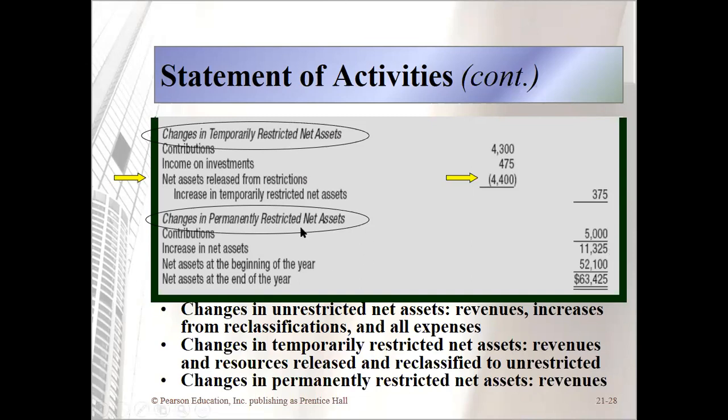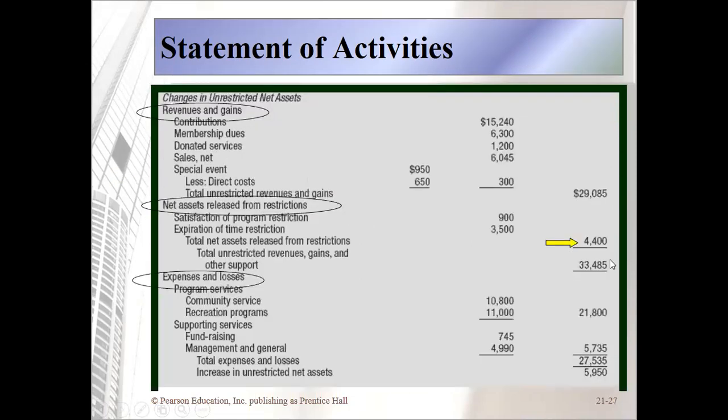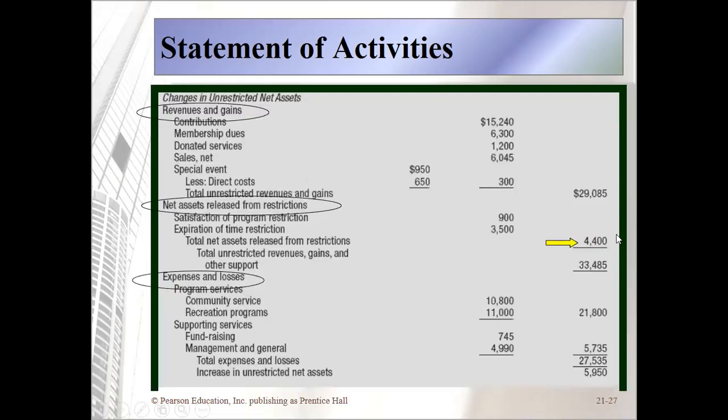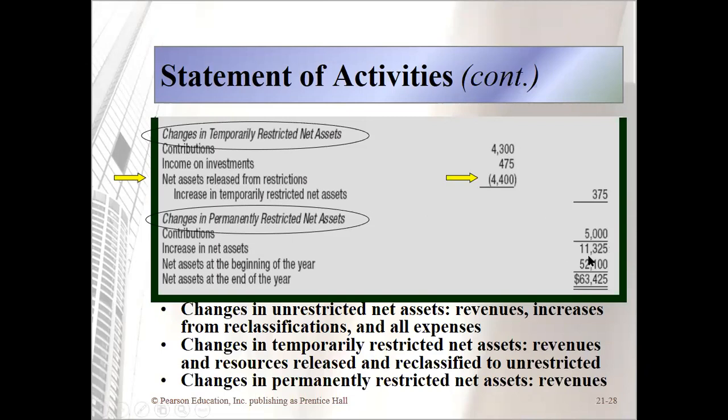All right, so this means that for the permanently restricted net assets, it's just the contributions that change. And then 11,325 is the combination of the following values: increase in unrestricted net assets plus 375 plus 5,000 equals 11,325.